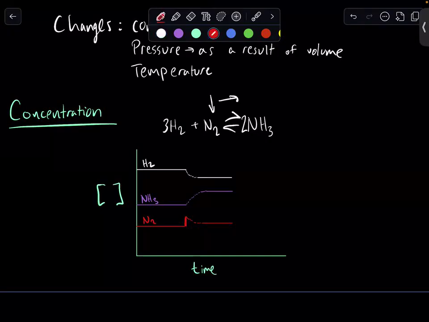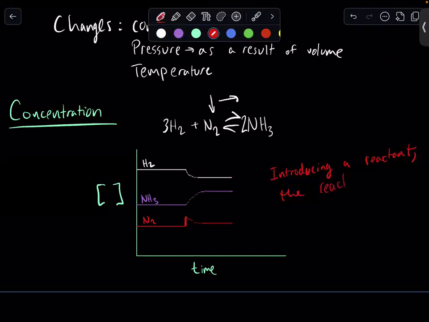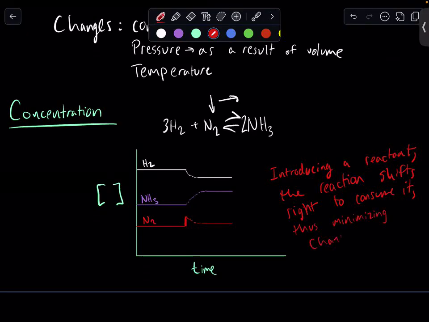So by introducing a reactant, the reaction shifts right to consume it, thus minimizing the change.